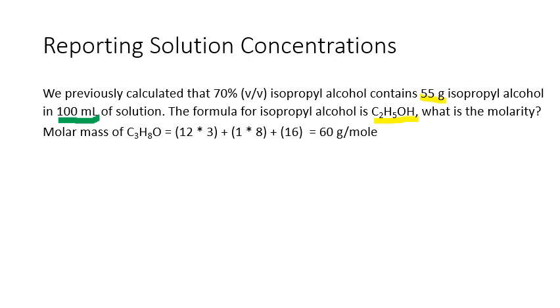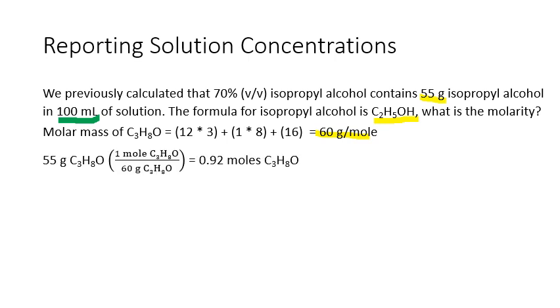So 1 mole of isopropyl alcohol weighs 60 grams. So we have 55 grams, a little bit less than 1 mole of isopropyl here. So 55 grams of C3H8O divided by 60 grams. My grams of C3H8O cancel, and I'm left with moles of C3H8O, or moles of isopropyl alcohol. And like we said, we have a little bit less than 1 mole. Turns out we have 0.92 moles of C3H8O.